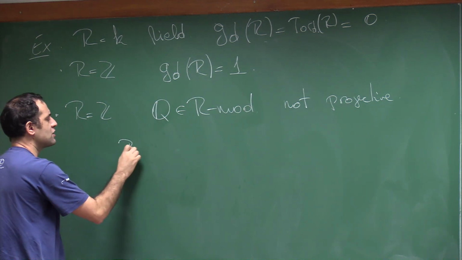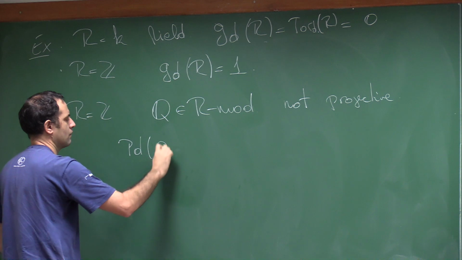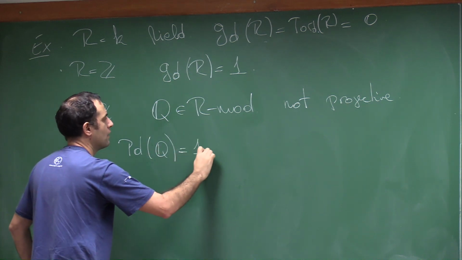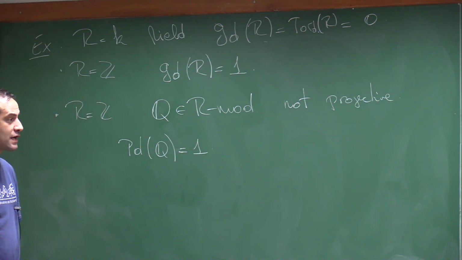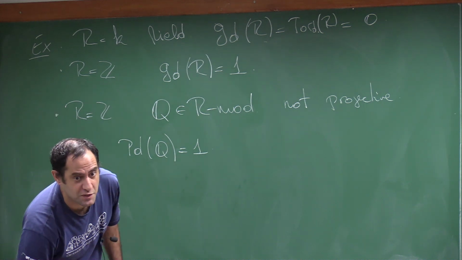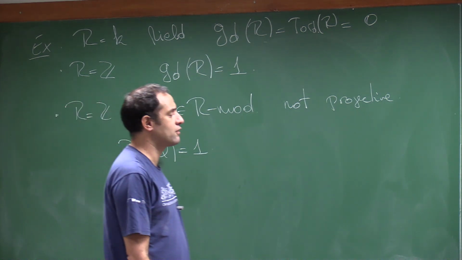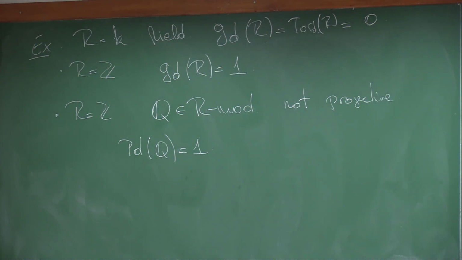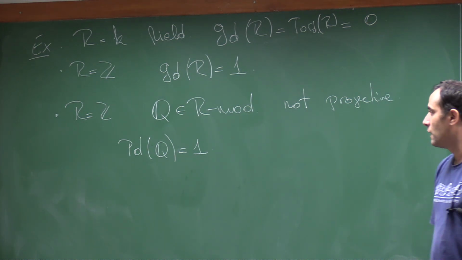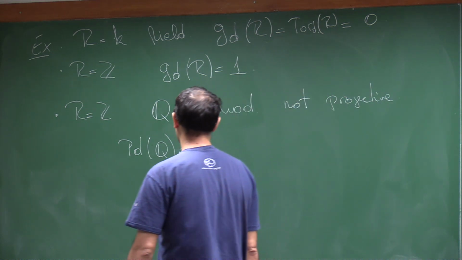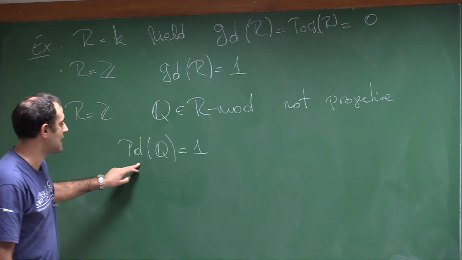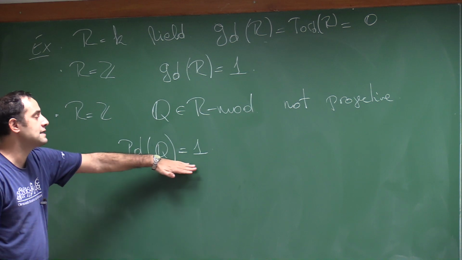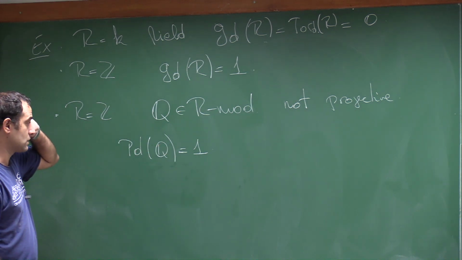But the projective dimension of Q is 1. Well, it's not projective, so the projective dimension cannot be 0. If the projective dimension is 0, then it has a resolution of length 0, and it is isomorphic to P0, and therefore it is projective. But it's not projective, so the projective dimension has to be bigger or equal than 1, and it is actually 1. So the question is why?